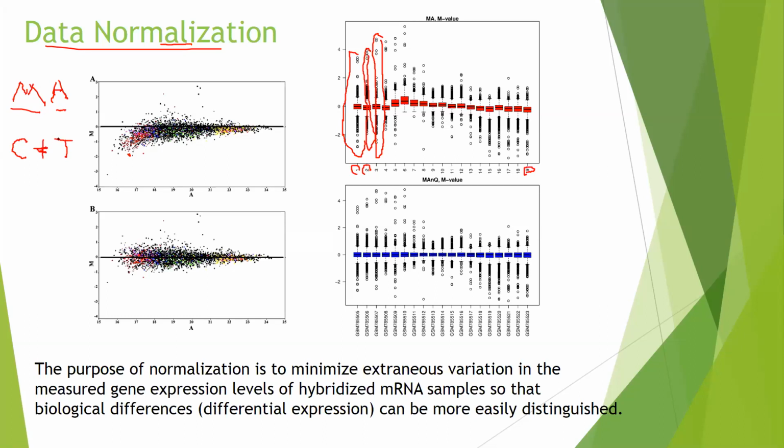The difference between C and T, the minus, gives you the M. If you plot the M and A values, this gives you this plot. Before the normalization, these points are not symmetric, which means that when the gene expression is very low, you may have systematic bias or errors. So we need to do the normalization.